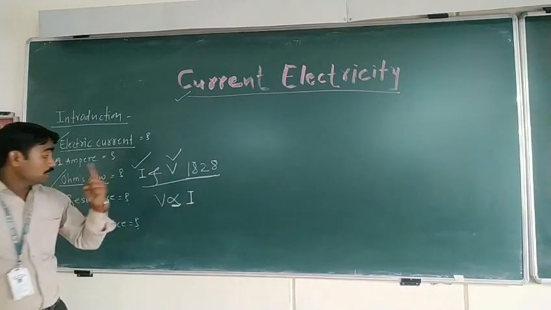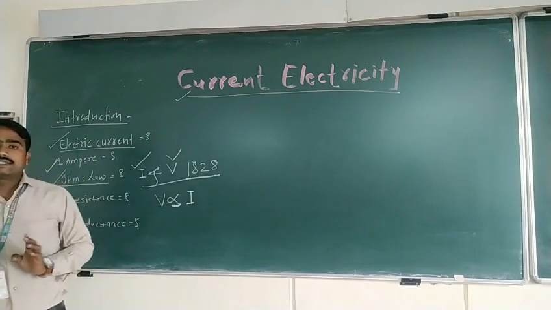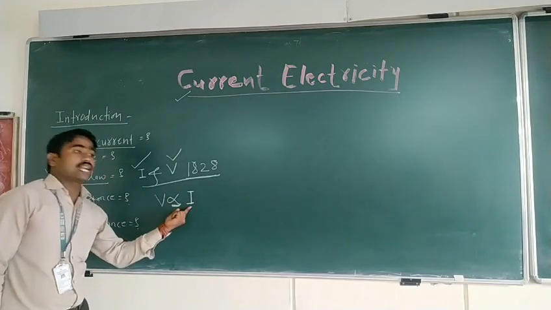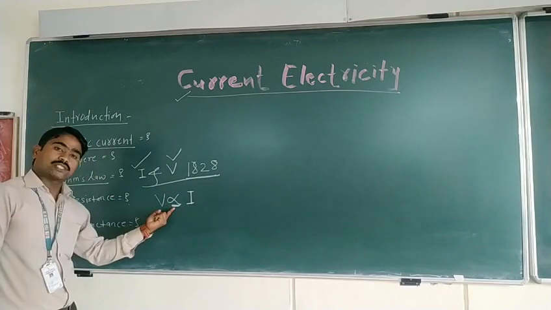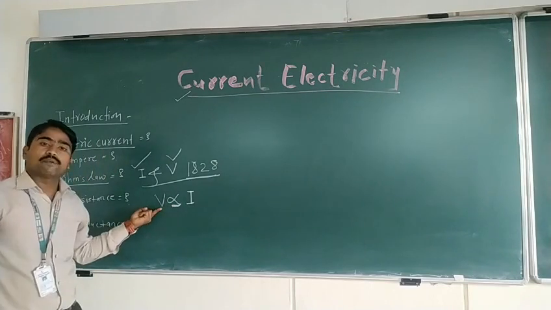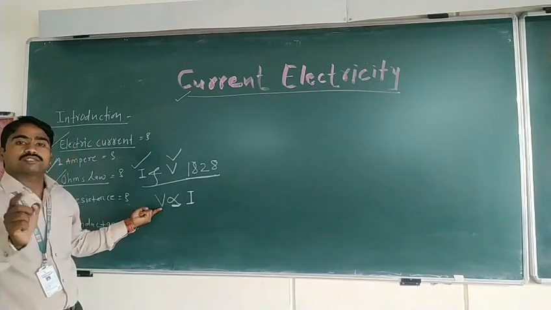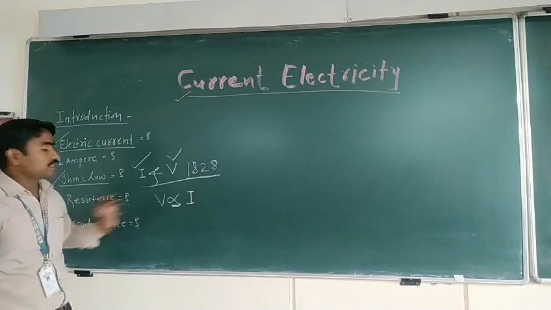Or, at constant physical conditions, the current flowing through the conductor is directly proportional to the potential difference developed across two ends of the conductor.